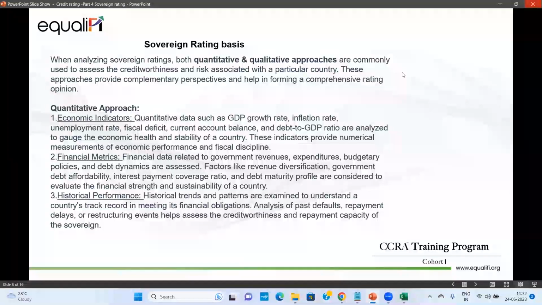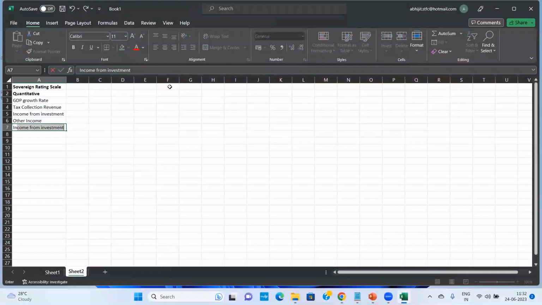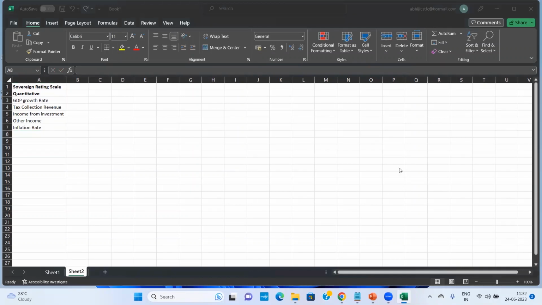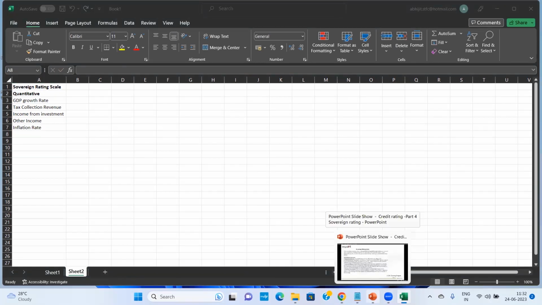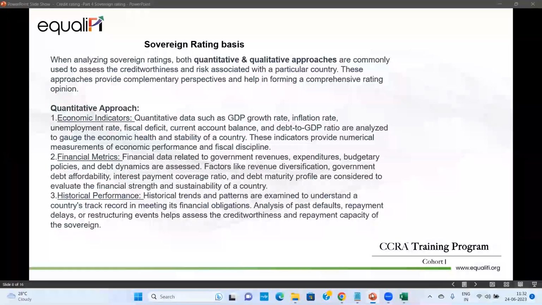Next is inflation rate. Yeah, I'm coming to current account deficit as well. I'll come to current account deficits. So inflation rate. Next is unemployment rate.